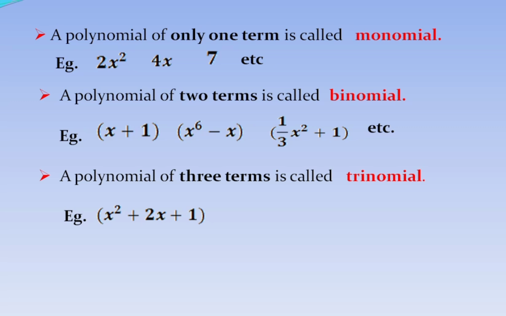Now we have another one here, and all these are examples. Now let's quickly look at the various types of polynomials. Yes, we are going to look at the various types of polynomials.